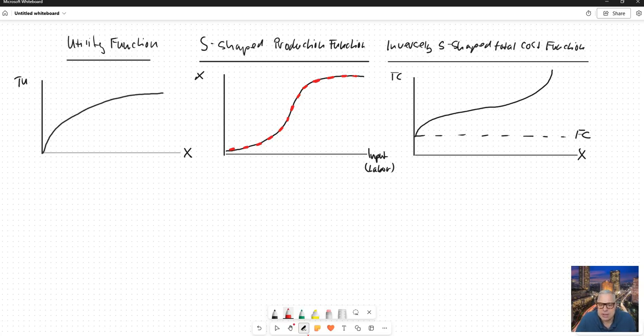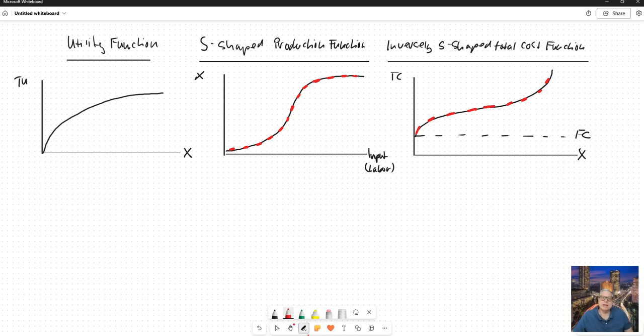Okay, so now let's take a look at the cost function, and you see that initially the slope is very steep and then it flattens out, and then maybe somewhere here there's a point of inflection, and then the total cost grows faster than the output.